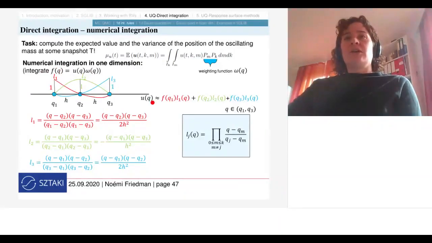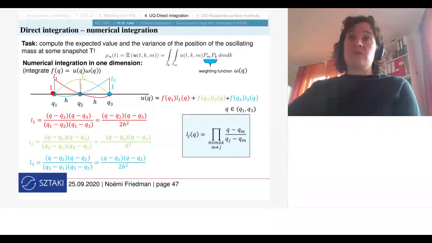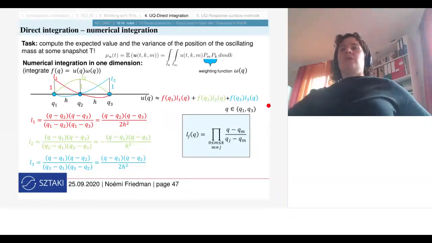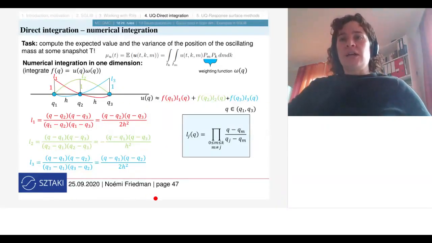And if I approximate it with the Lagrange interpolation, then I have here the Lagrange functions that I showed you. And here I just have to multiply with the nodal value of f at q1, the nodal value of f at q2, and the one at node 3. So this is how I approximate it.